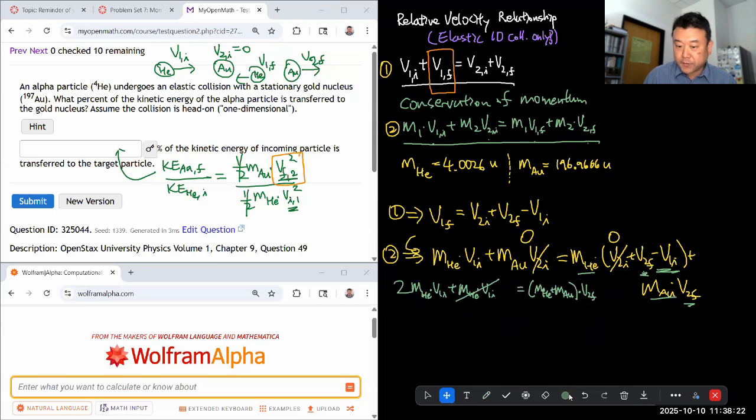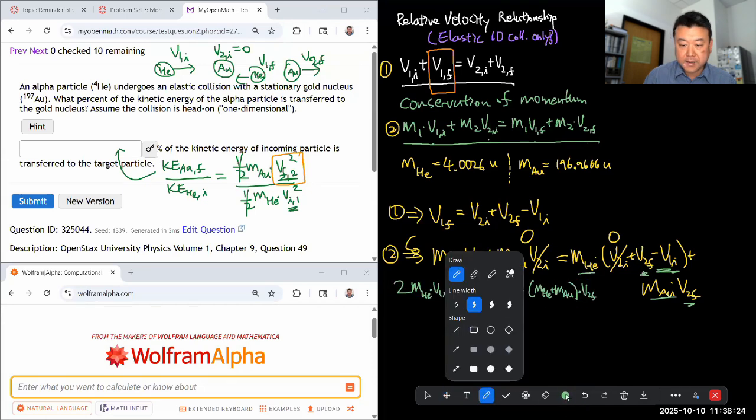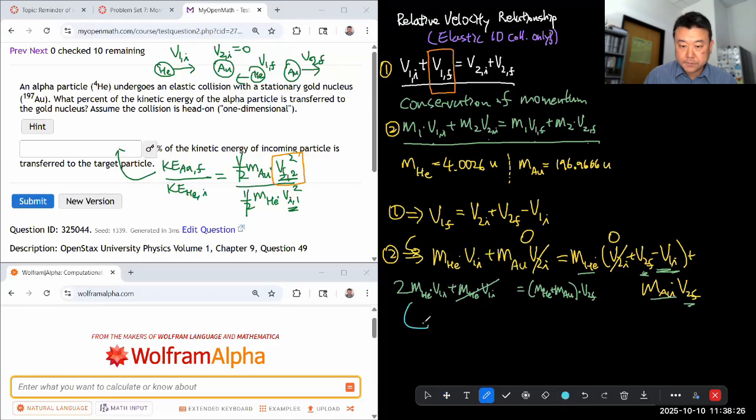Let me solve for V2 final here, and I think I can wrap up. So V2 final, dividing both sides by the sum of the masses, is 2 mass of the helium times V1 initial divided by the sum of the masses of the helium and the gold.